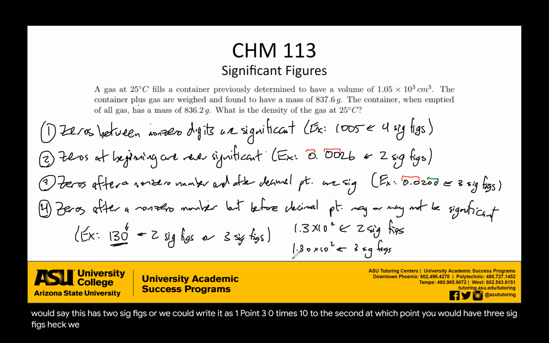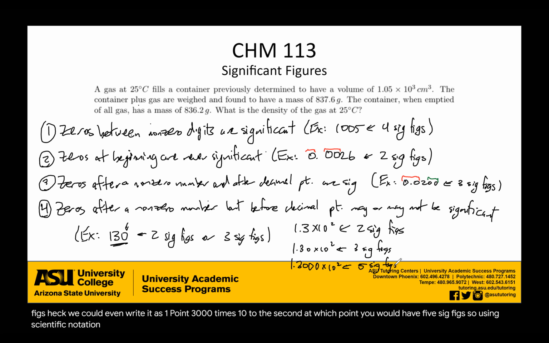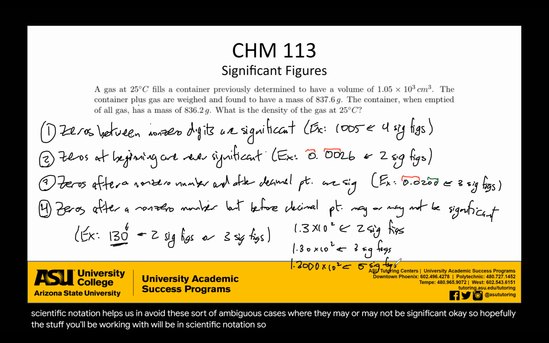Heck, we could even write it as 1.3000 times 10 to the second, at which point it would have 5 sig figs. So using scientific notation helps us avoid these ambiguous cases where the zeros may or may not be significant. Hopefully the stuff you'll be working with will be in scientific notation, so you don't have to worry about whether to include the 0 or not.